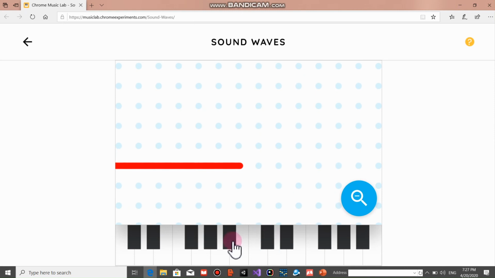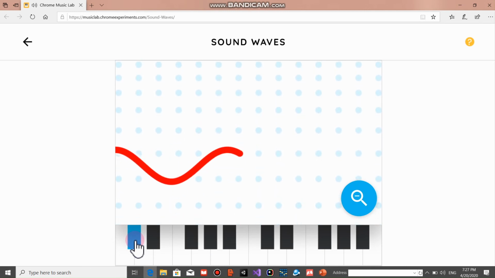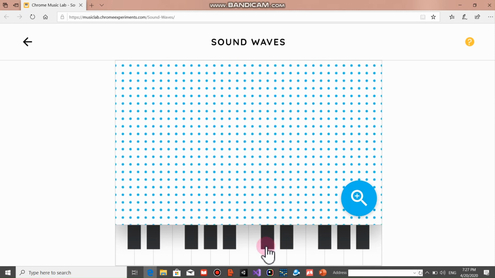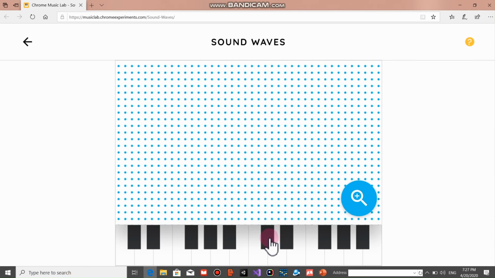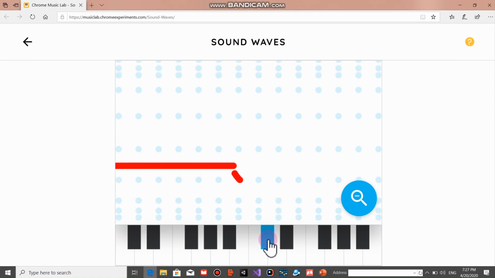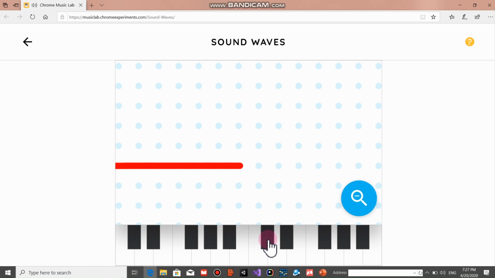Yes, high frequency. Now this. Yes, low frequency. Another one. Now, you cannot measure the wavelength, but let's try. Yeah, it's difficult.